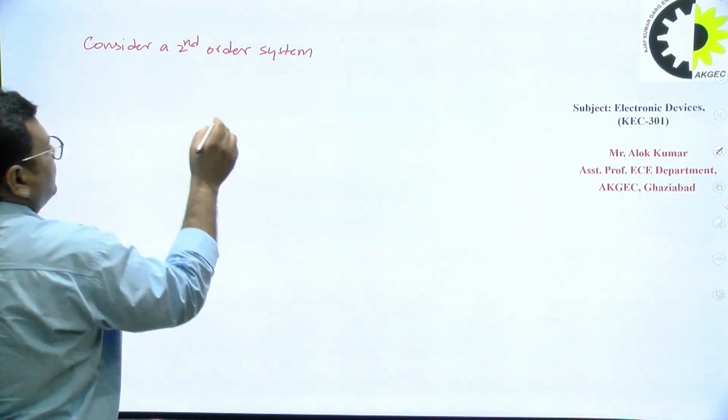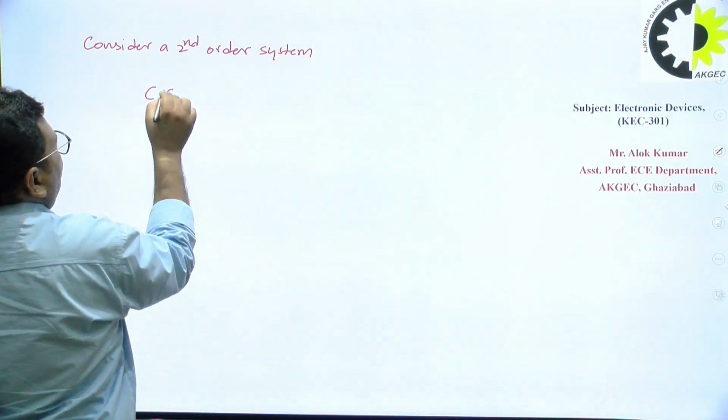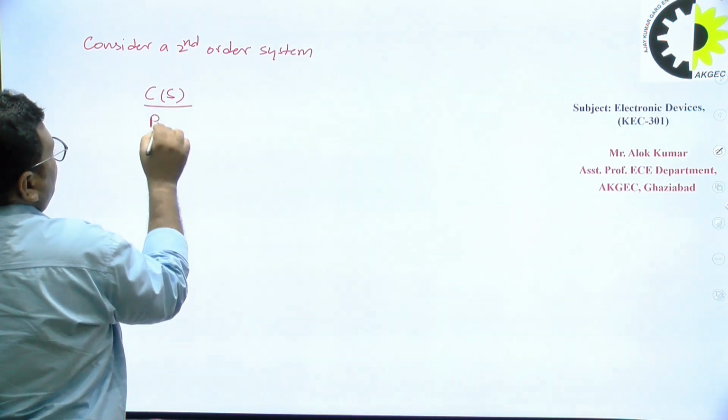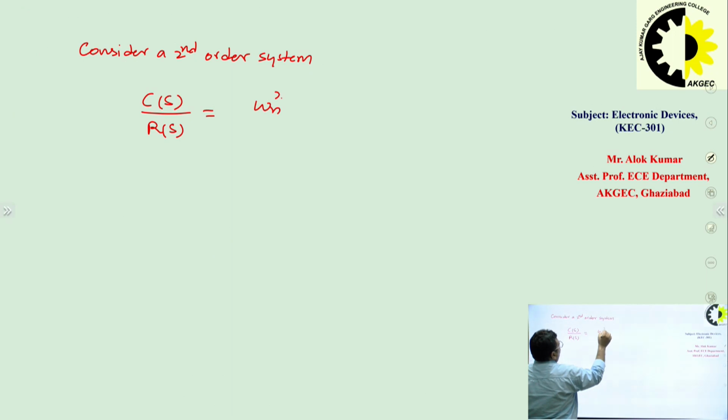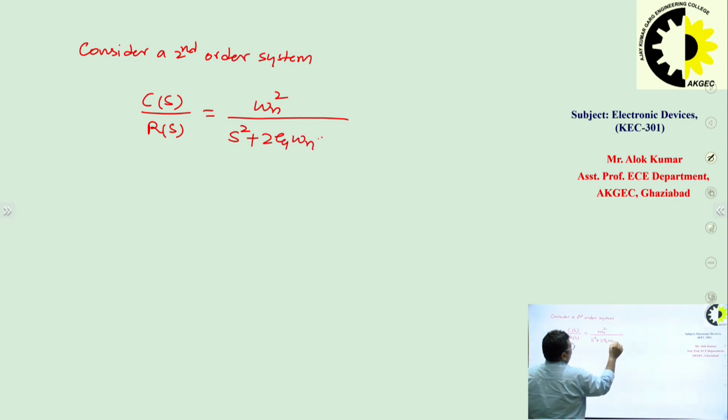As we know, the transfer function of a second order system can be written as C(s) upon R(s) is equal to omega n square divided by s square plus 2 zeta omega n s plus omega n square. This is the transfer function of the second order closed loop system.